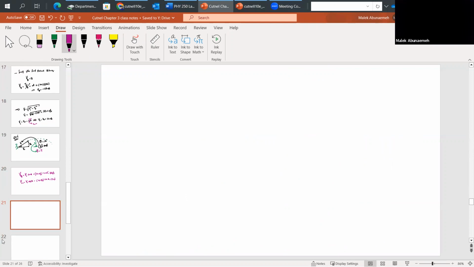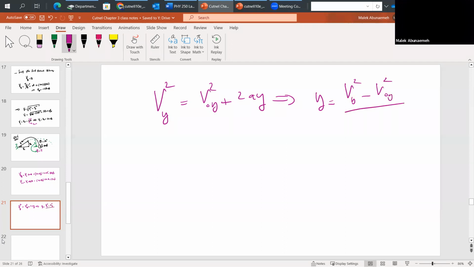Using the equation, v final of y squared is going to equal v initial y squared plus 2a times y. Calculating for y, it's going to be your final velocity in the y direction squared minus initial velocity in the y direction squared, divided by 2 times a of y.